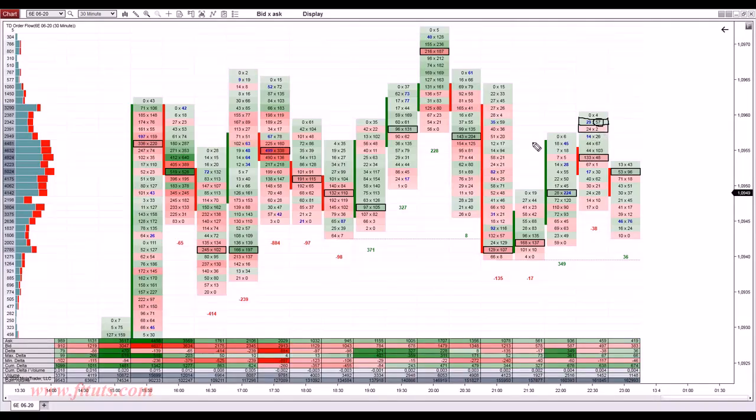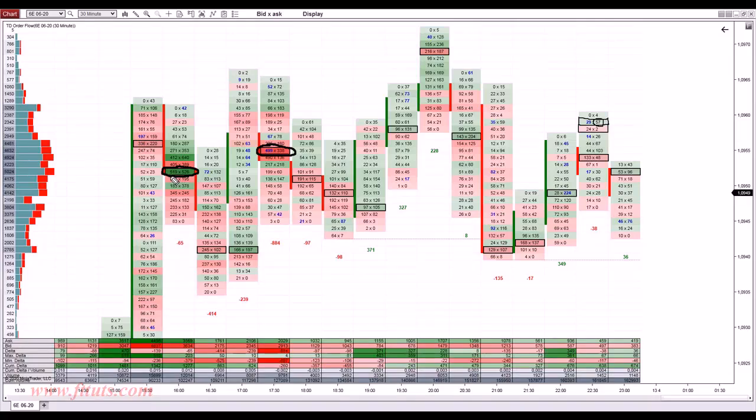Now you've also probably noticed that some of the colors are lighter, some of them are darker. For example here, this is dark red. It means that there were pretty heavy volumes traded within this cell. Also, for example, in here, this dark green means that there were heavy volumes traded there.